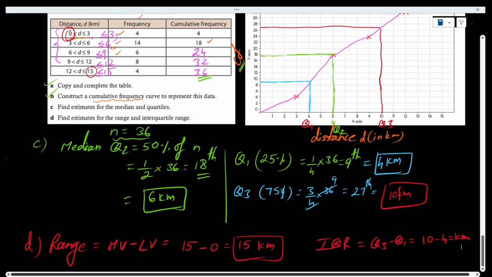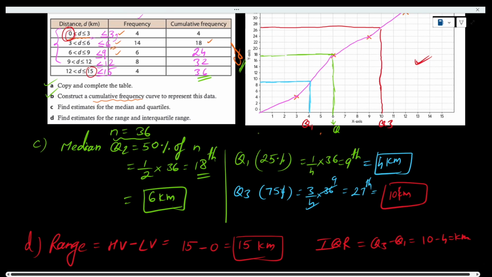So this is the way you use the cumulative graph. Mostly this graph is also given to you, but sometimes, using the cumulative frequency graph, they will ask you to make the box whisker plot. How can you make it here? For the box whisker plot, the lowest value is 0 and the highest value is 15 kilometers. Now, for the Q1 line, you can make it here, and Q2 respectively.